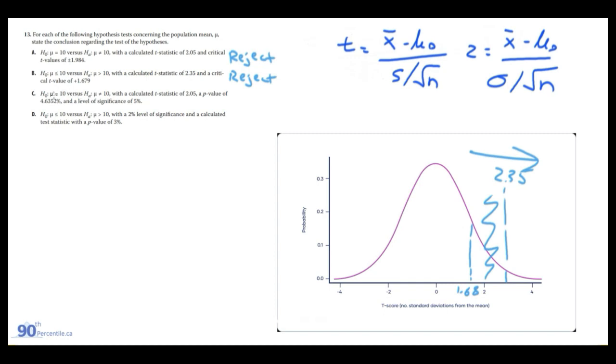Next, for C, the null is that the mean is equal to 10 versus that the mean is not equal to 10. We have a t-stat of 2.05 and a p-value this time of 4.6% and a level of significance of 5%. Remember what I said earlier, I believe in the last question of the one before: the p-value is the lowest level of significance at which we can reject the null.